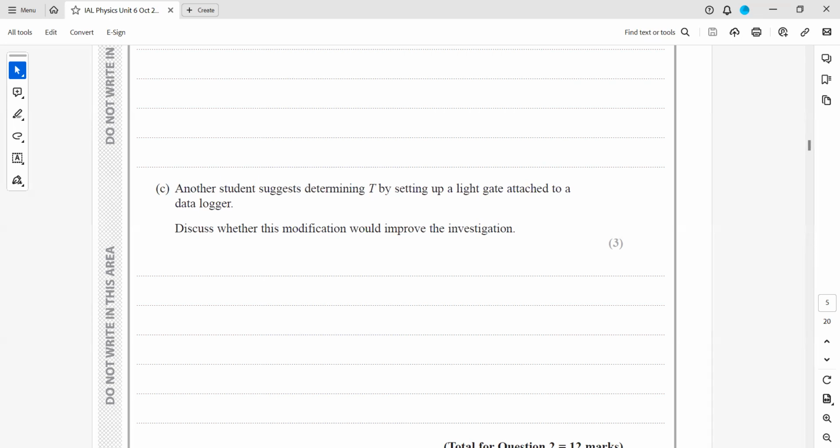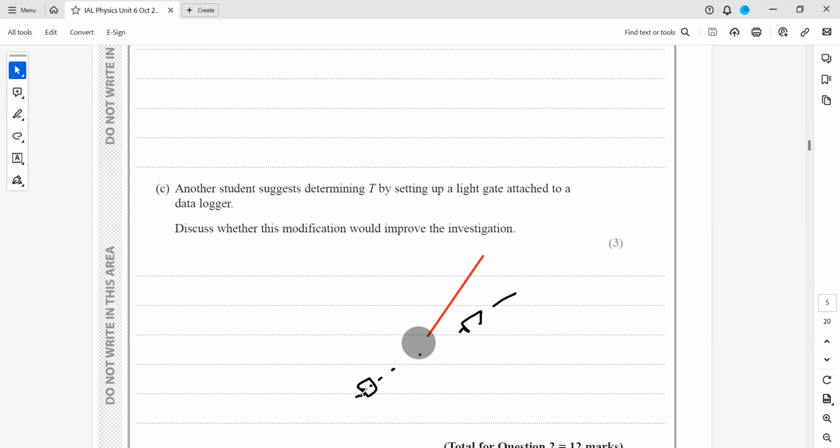But there's also one limitation with light gates: they will determine the time for the whole pendulum bob to move rather than the center. What will happen if we have these light gates there?